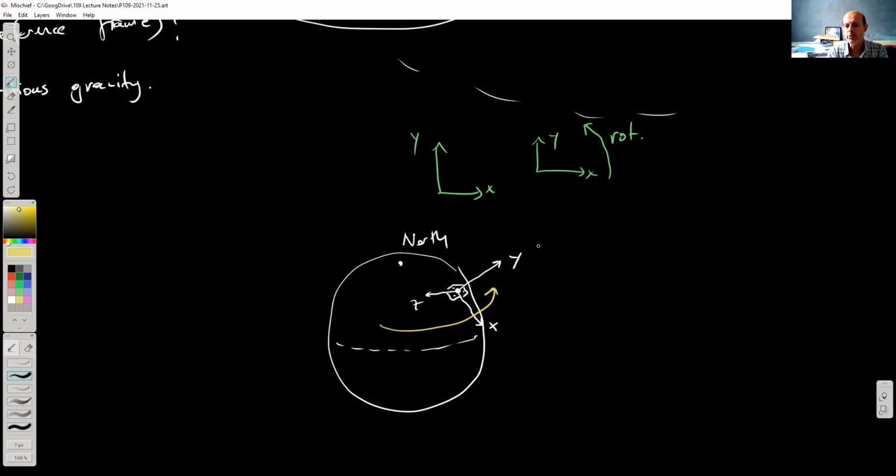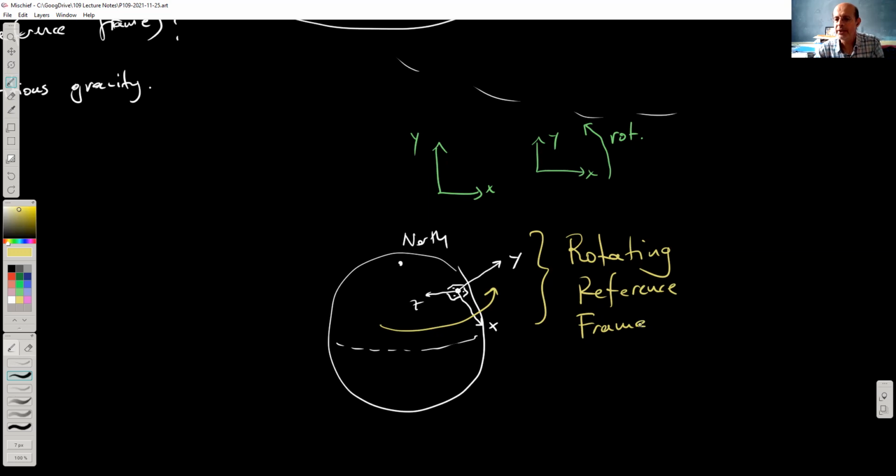Therefore, this is a rotating reference frame. It's not just accelerating; it is rotating. Rotating reference frames are even more difficult than the accelerated motion that we are thinking about in here. So these are a little bit more complicated, and let's just forget about these, okay? But I'm just going to compute the acceleration in here.